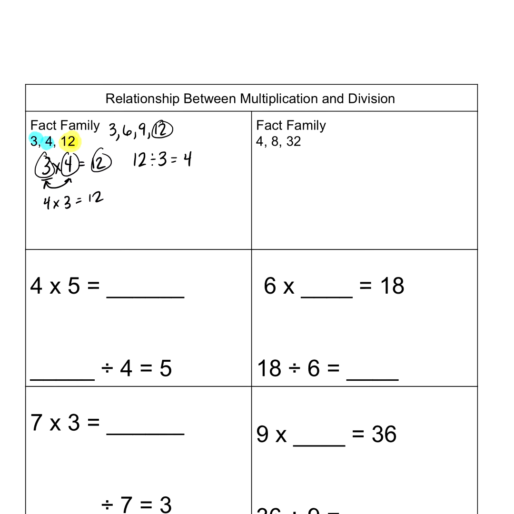Now the related fact of that is not going to be 3 divided by 12 equals 4. We still have to have our total number of objects. So 12 divided by 4 equals 3.